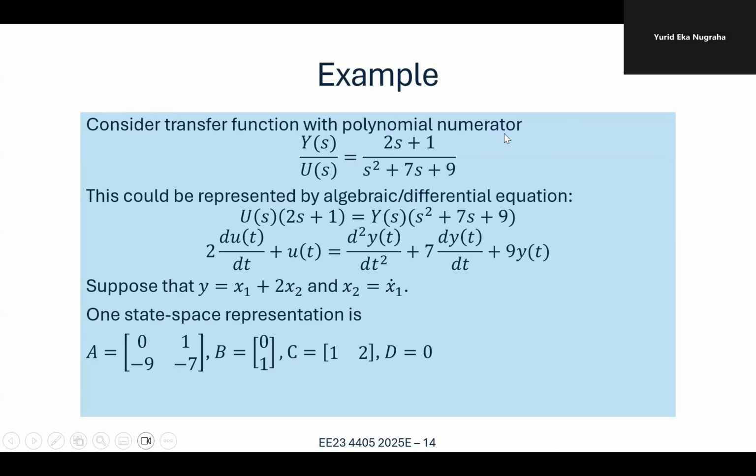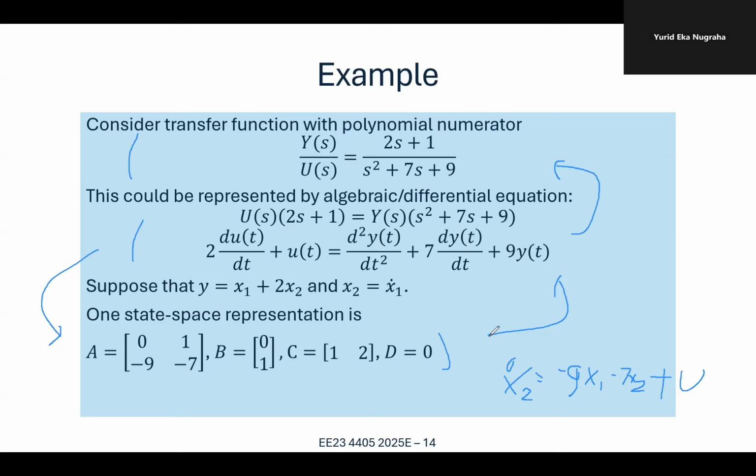So if we try to go from here to here, it's quite tricky actually, but if we prove this the other way around, we can get: here is minus 9, so x2 dot would be minus 9 x1 minus 7 x2 plus u, right?